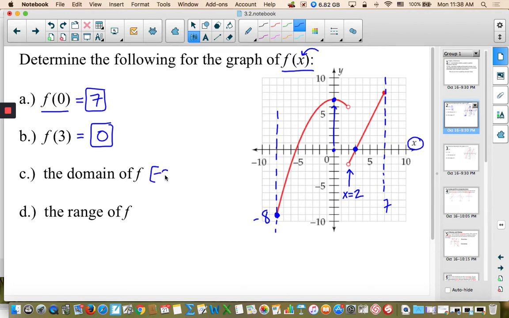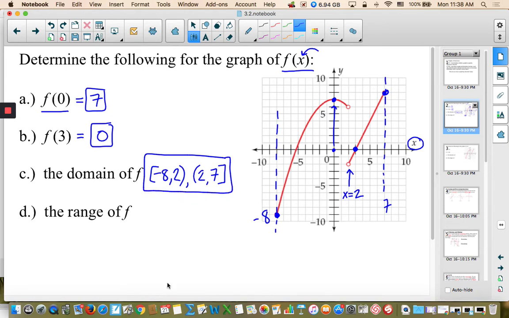So it goes from -8 up to 2, but it doesn't include 2, so that's a parenthesis. And then it starts again at 2, but doesn't include 2, and it goes up here to 7, and that is a closed circle, so it goes to 7. It does include 7, and so that would be a bracket, and that is my answer.